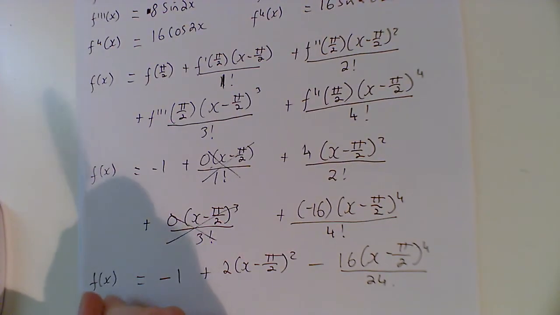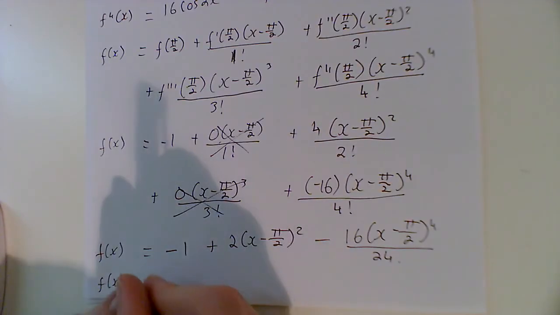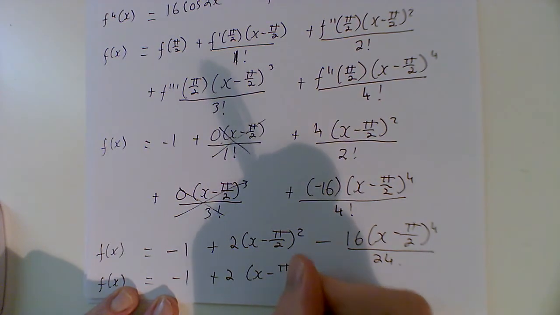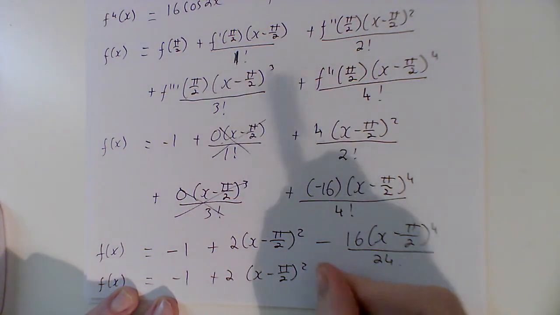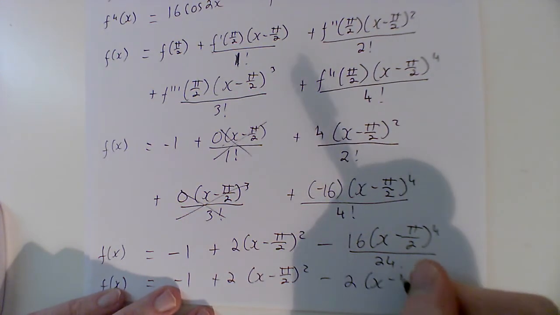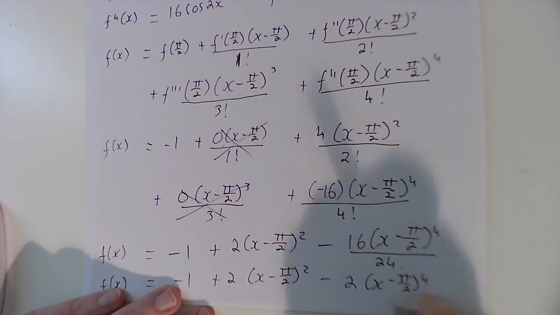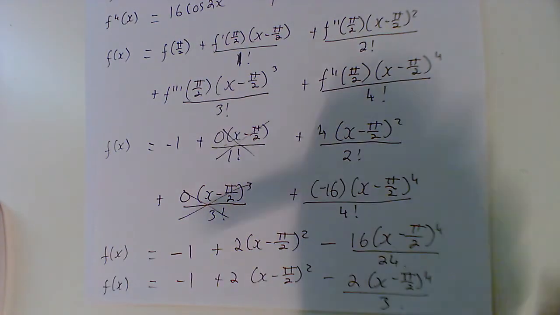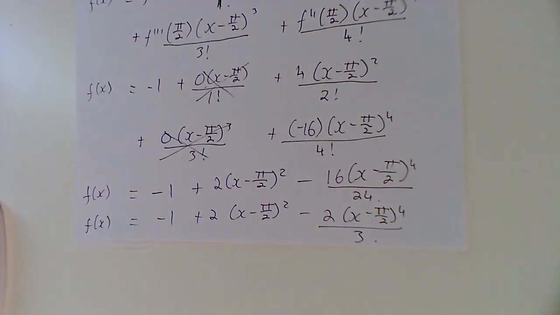F of x is negative 1 plus 2, x take away pi by 2 squared, take away, well they're both in the 8 times table, so 2 thirds, x take away pi by 2 to the power of 4, and that is my final answer on that one.